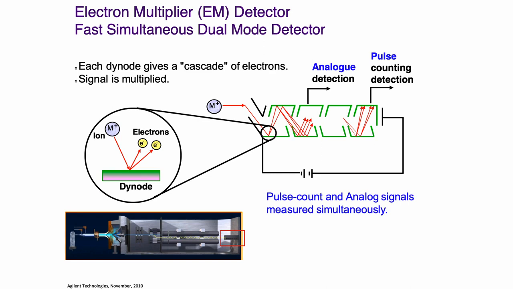So when the ion hits, it produces a couple electrons, those electrons hit the next dynode, they get multiplied exponentially, and then it continues. And then finally you get down here to the last dynode, and that's called your pulse signal. And that's where you could have 1 million counts or something. And once that signal becomes saturated, then the machine says to itself, well, wait a minute, I have to pull back.